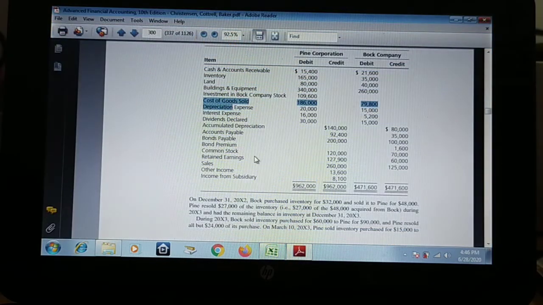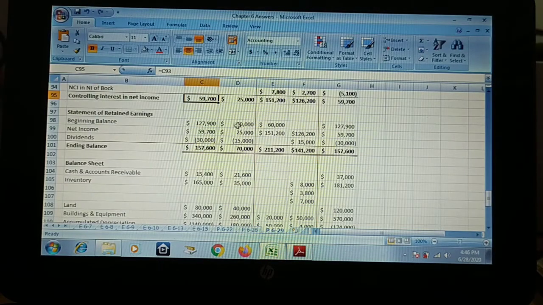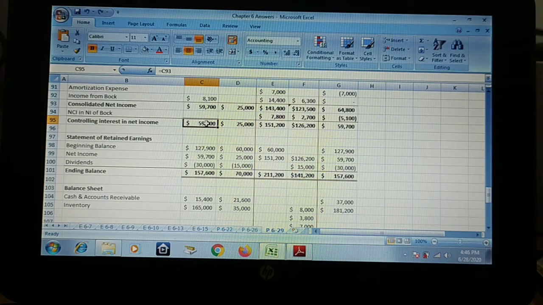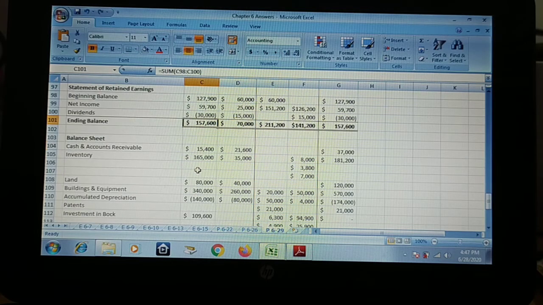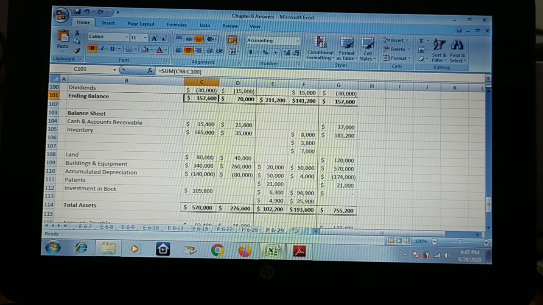So you take the number from the trial balance, then move it. Net income is from the previous section. Okay, then dividends, sum it. You move from the elimination entry, and then you do the consolidated column. So if the balance between the consolidated column and the parent is already the same, we can go to the balance sheet.